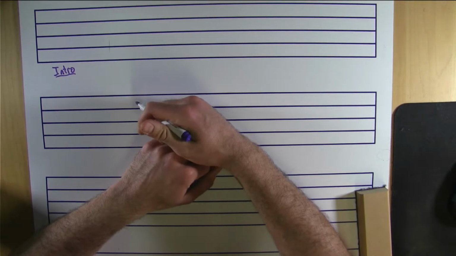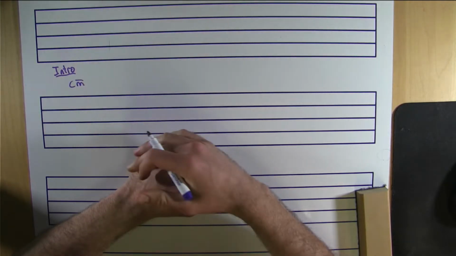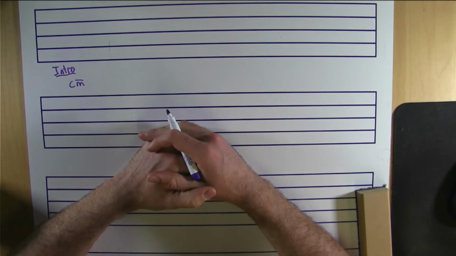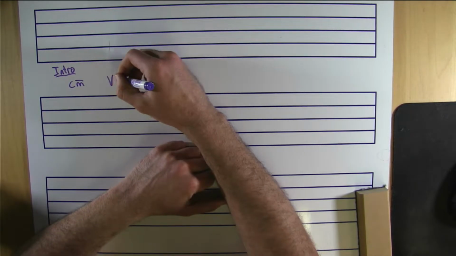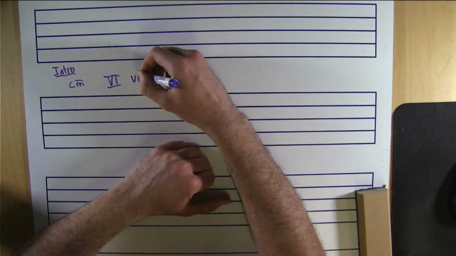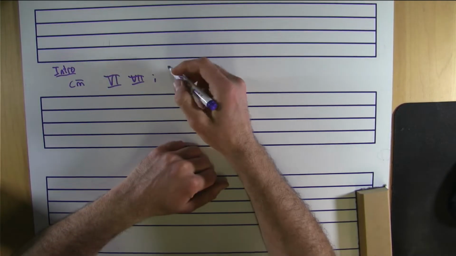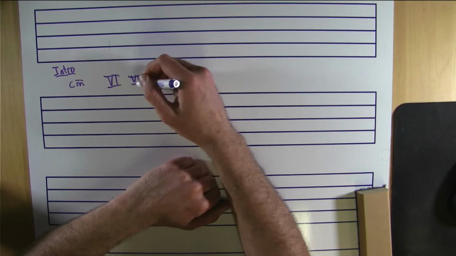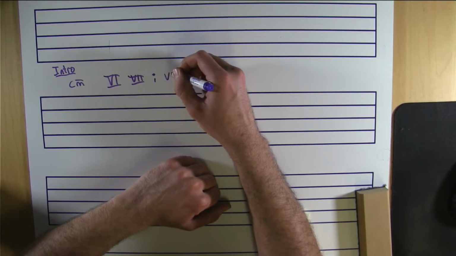You set up C minor. In the C minor key, you have this chord progression that's established and used over and over again, which is 6, 7, and then 1. And in the introduction when I listen to it, there's this chord, this chord, this chord, and then it goes back to the 6th chord.